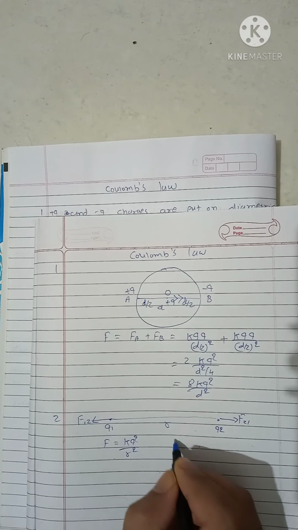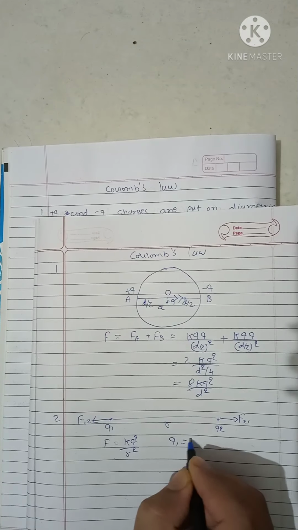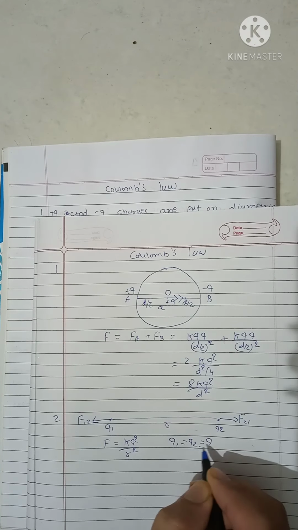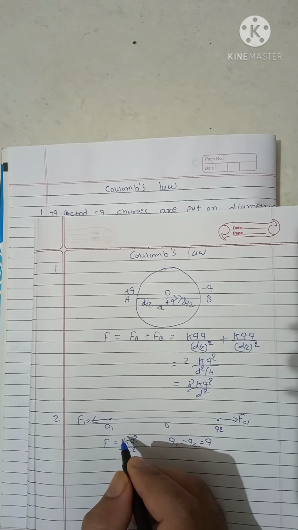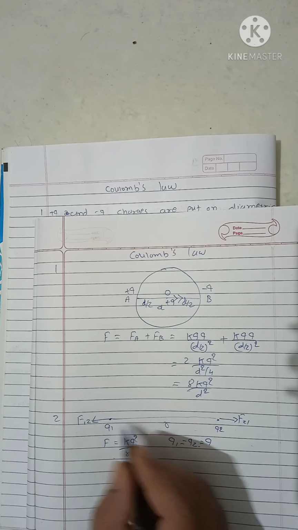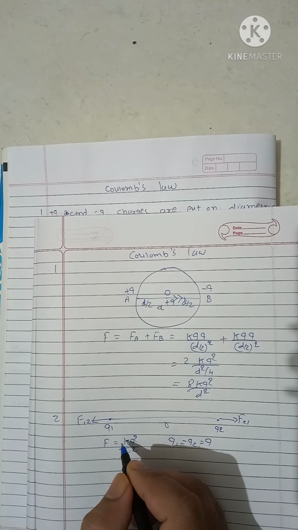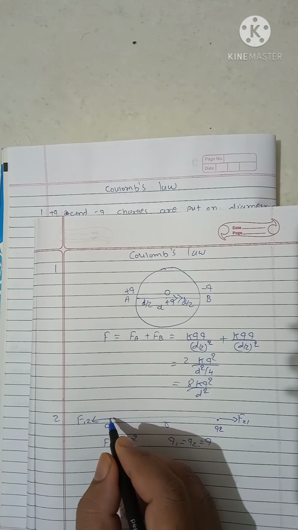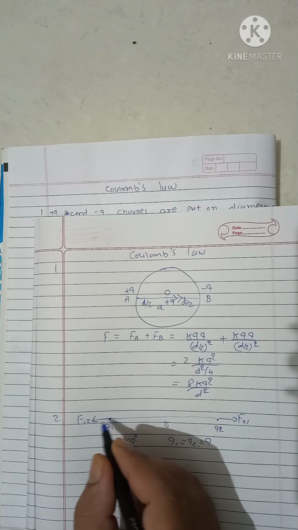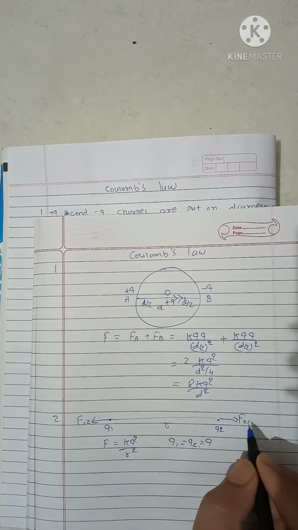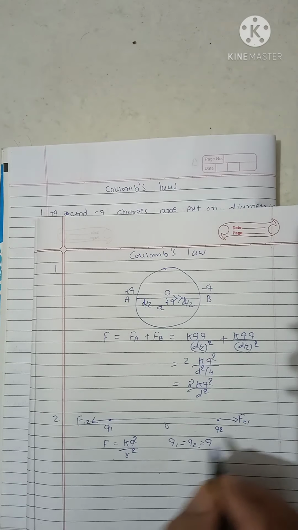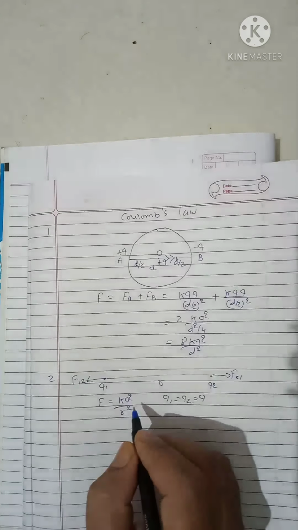Where q1 equal to q2 equal to q, if we consider it like this, then the force exerted by both on each other will be the same, but the directions will be opposite. As we can see in the figure, F12 is in the left direction while F21 is in the right direction, but the values of both are the same.